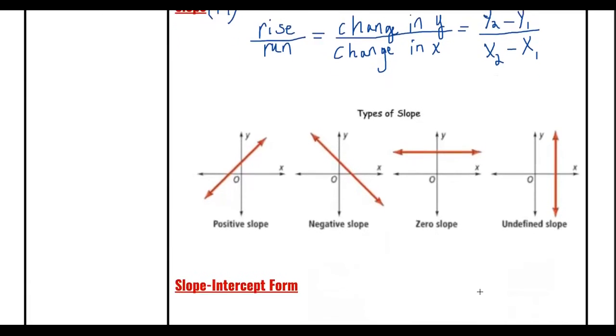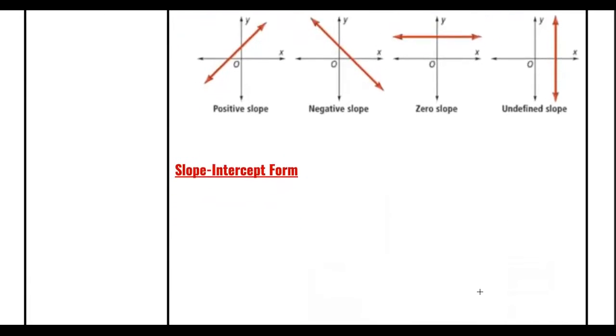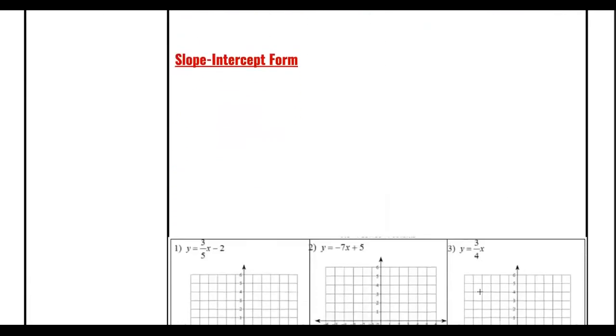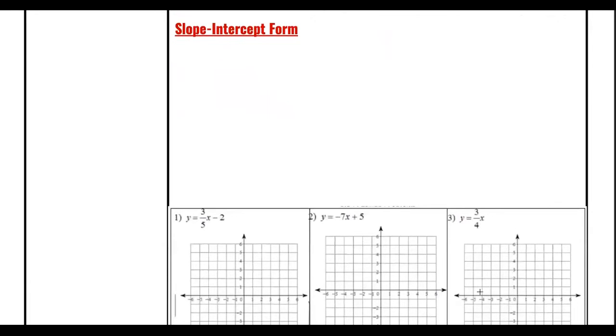All right, let's get into writing equations in slope-intercept form, all right? The formula for slope-intercept form is going to be y equals mx plus b.